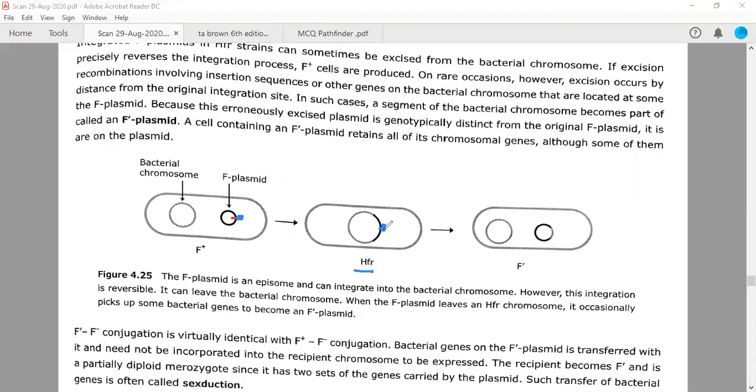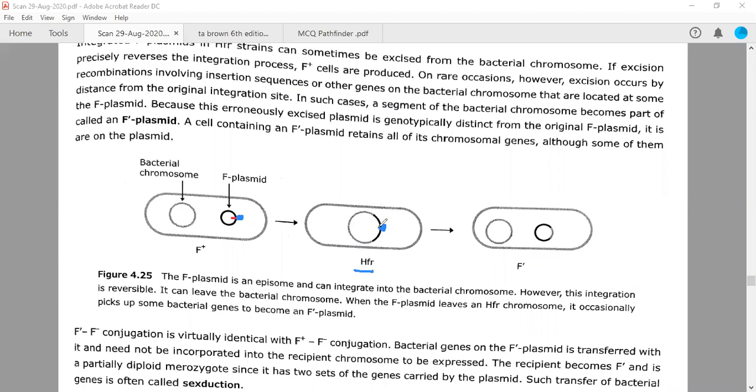But what will be the possibility now? Once it creates a nick at this particular site, you will see it will remain transiently attached to the 5' end of the plasmid DNA or oriT DNA. And it will start transfer from 5' to 3' direction.